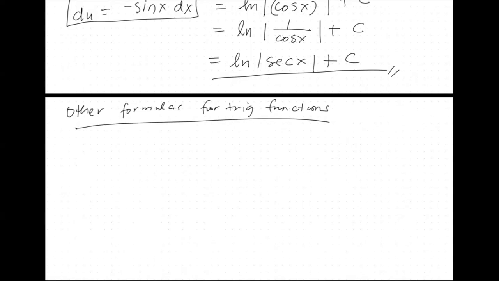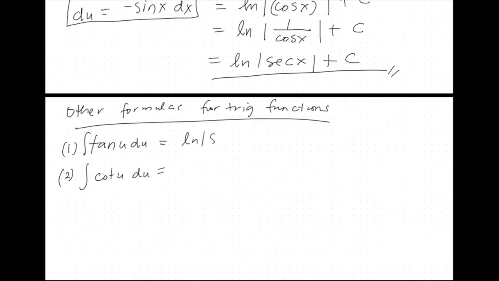The first one is the integral of tangent of u du. The second one is the integral of cotangent of u du. Here we get ln of secant of u plus c, and ln of sine of u plus c.